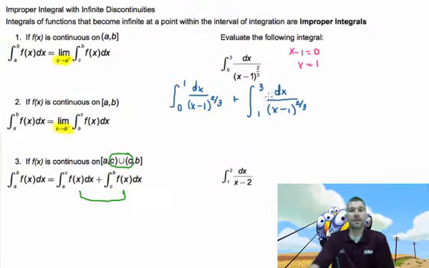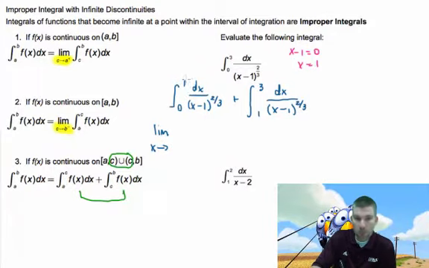Okay, and so what we do with this situation is we can't really put a 1 in here at all, because that gives us an undefined situation. So we look at the limit as x approaches 1 from the left, because we're on the left-hand side of that. Actually, I'm going to take that x off and make it a b.